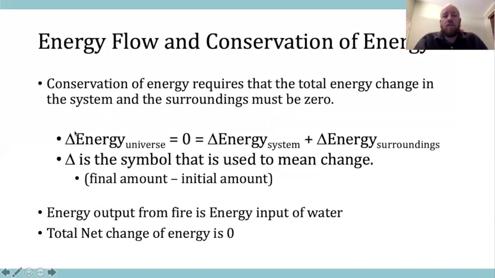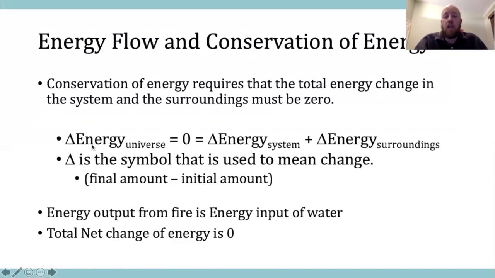So let's talk about some of the terms here. The little triangles, okay, these mean delta. Okay, so the delta means change. Anytime you see a little triangle next to something, that is the term delta, and it means a change. So when you're reading this, it says the change in the energy, subscript universe, is 0.